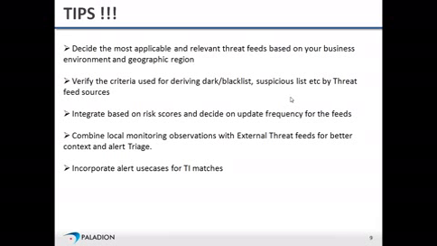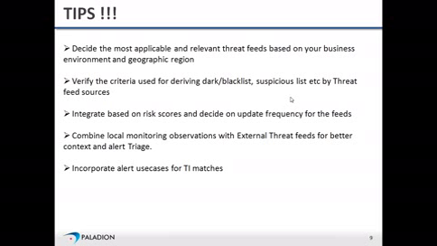Verify the criteria of how the blacklist or suspicious list is derived by the sources. Whenever you enroll with a threat feed, try to understand their criteria for identifying a blacklisted or suspicious IP.